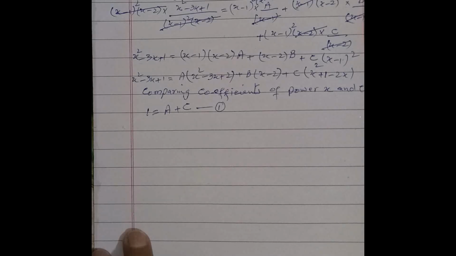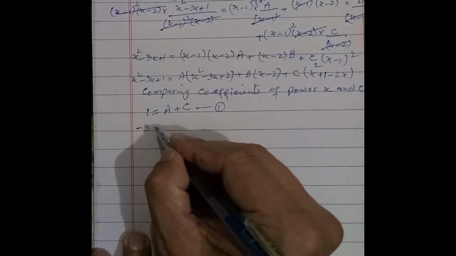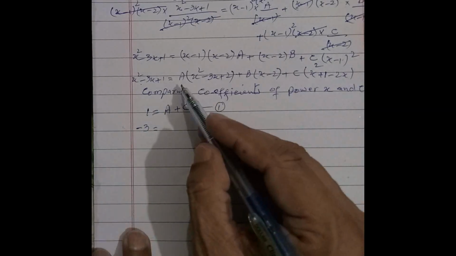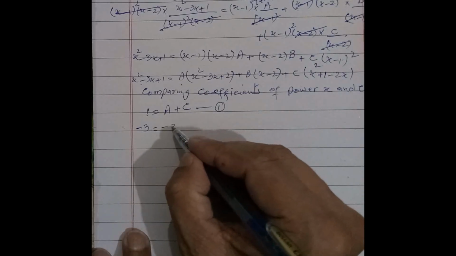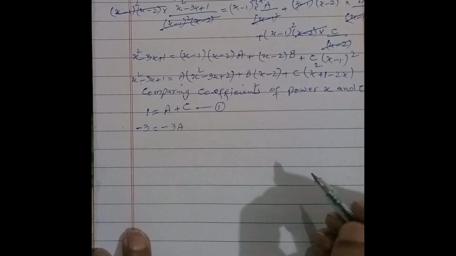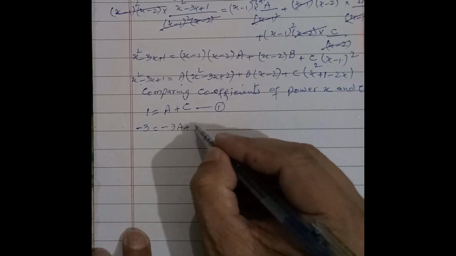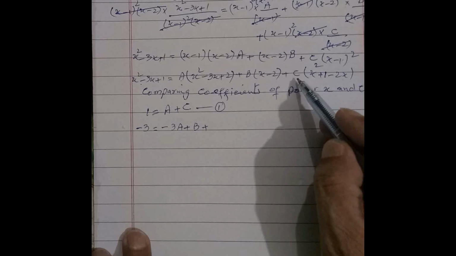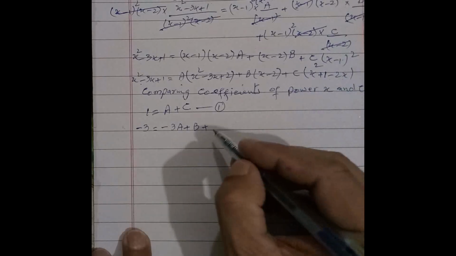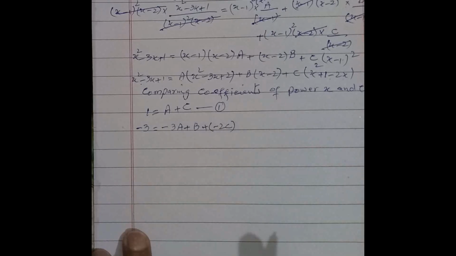Now comparing the coefficient of x, in which minus 3 is the coefficient, and on the other hand a multiplied by minus 3x is equal to minus 3a, and b multiplied by x is equal to plus b, and the next is c multiplied by minus 2x is equal to minus 2c.